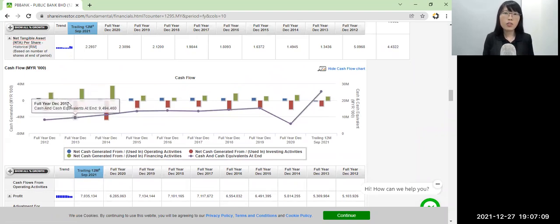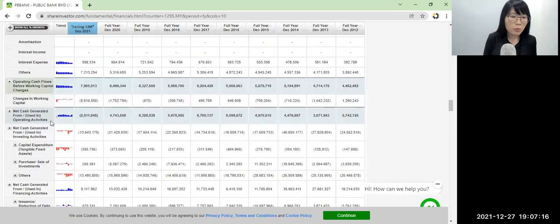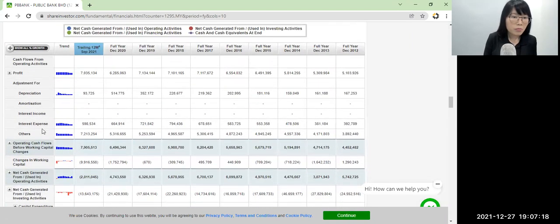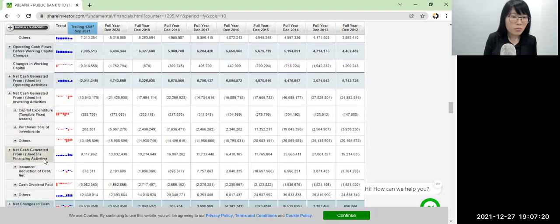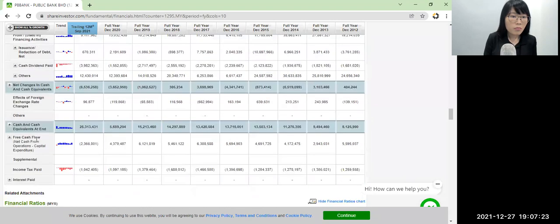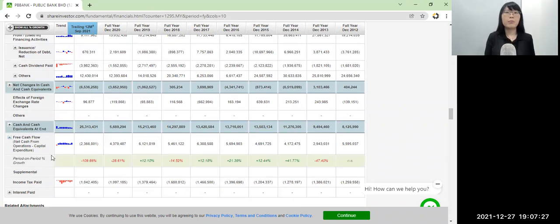Okay, of course, you can find all the cash flow information for 10 years, and also you can find free cash flow. But ShareInvestor WebPro already calculated for you, so you don't have to calculate by yourself. This is something that I will look at. It really can save us a lot of time.